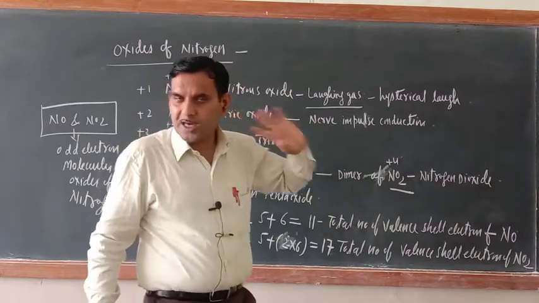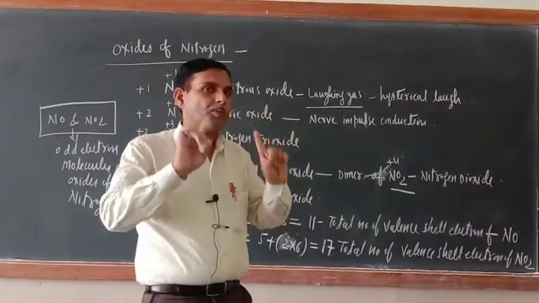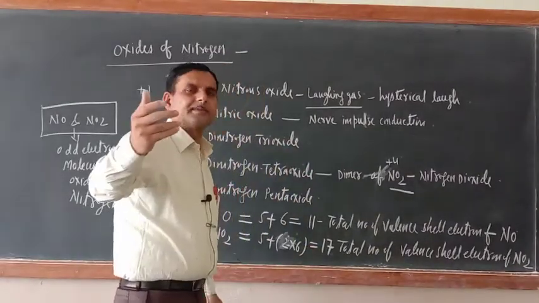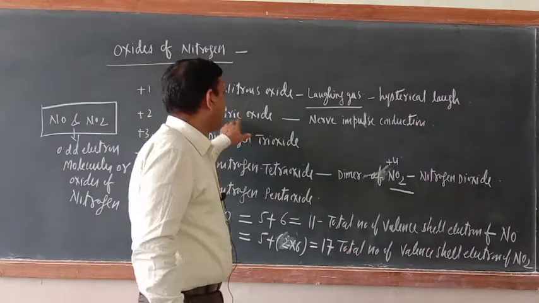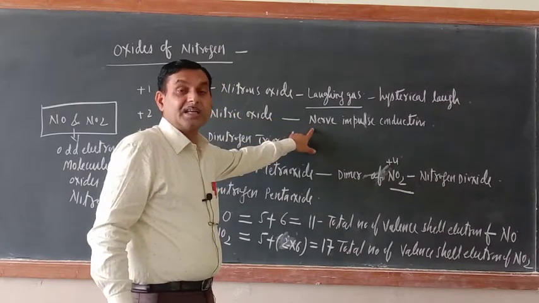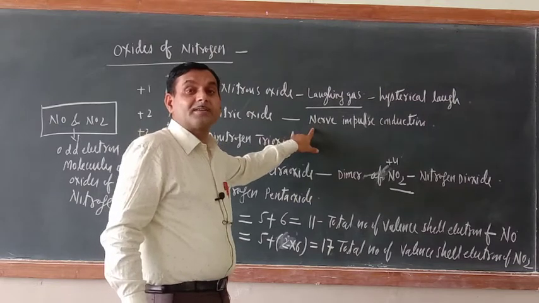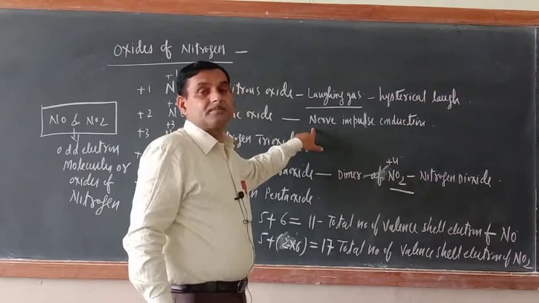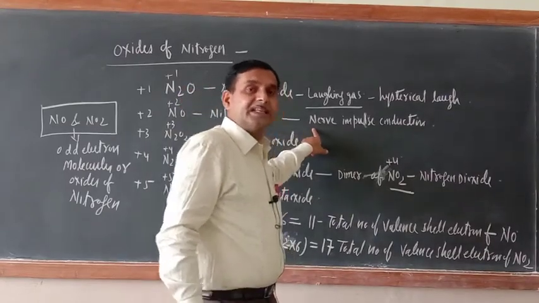And for your kind information, in pomegranate seed, ripened pomegranate seed, NO is found. That is why it is very good for the heart, especially for the person who is having blockage in the arteries. That means pomegranate seed is useful.